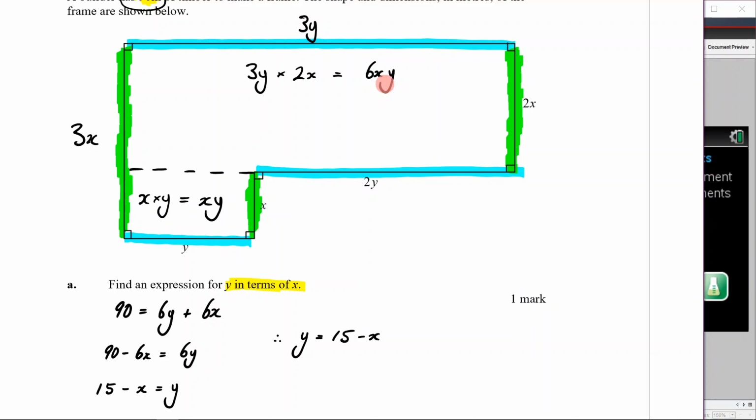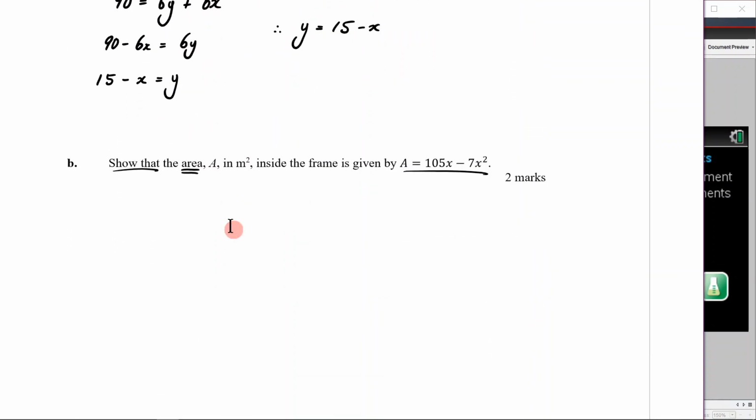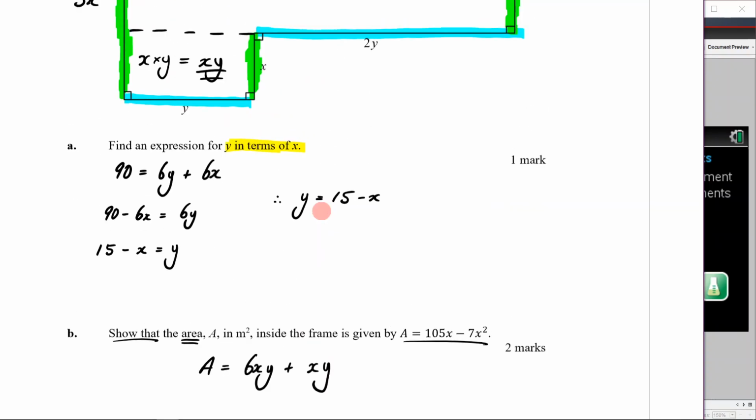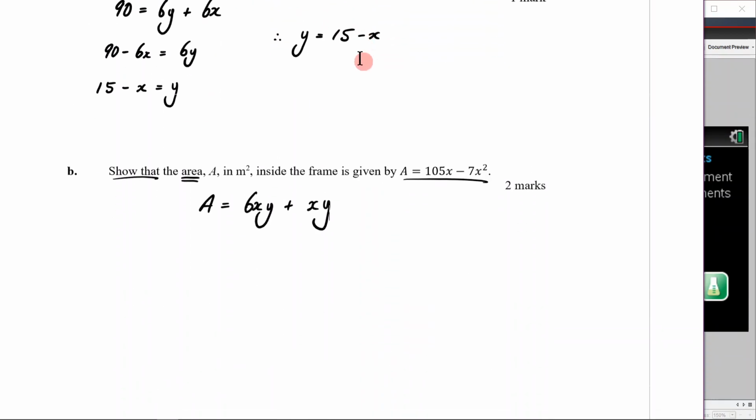If I now add this and this together, I'm going to get the area of the total thing. So I'm going to say that my area is equal to 6xy plus xy. All I've done there is take xy and 6xy and add them together.